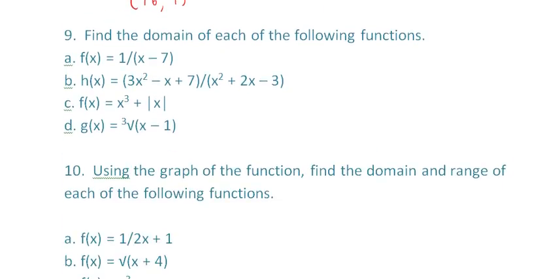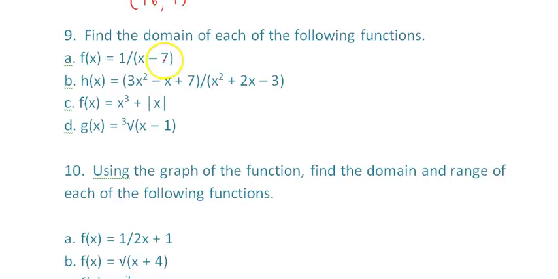All right. And number 9, we are looking at the domain of these functions. So I think it's best sometimes to figure out what's not there. And we looked at one just a minute ago where that 3 was giving us a 0 on the bottom of a fraction, and that wasn't in the domain. So let's think about what that would be here.